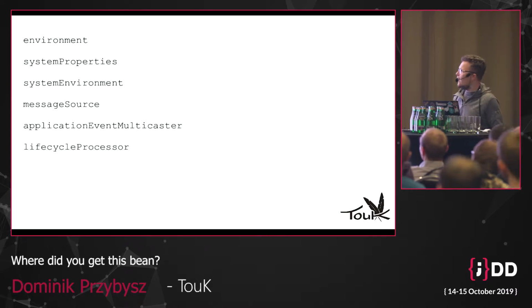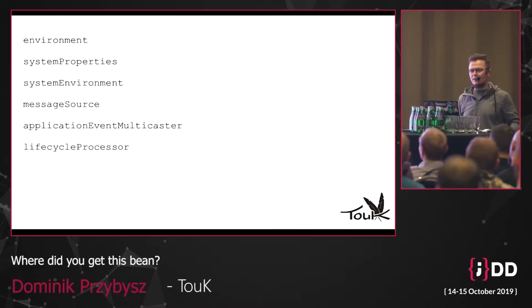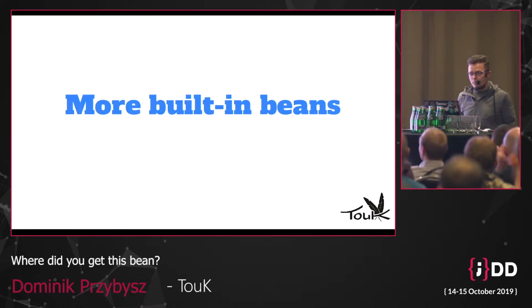For example, we have environment, some beans connected with properties, some beans related to message sources, so it's very helpful for internationalization. We could send and receive events from Spring, and do something, for example, with the lifecycle of Spring beans. But there are a lot more beans.